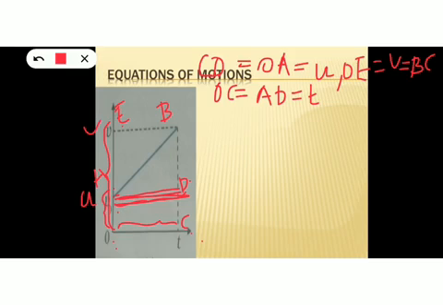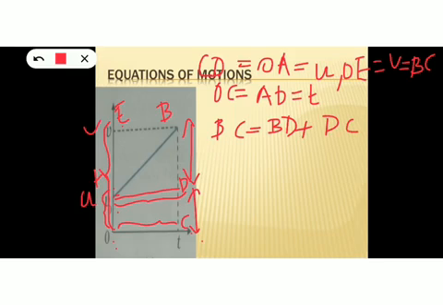Then we can move on to our derivation. Here first we start with BC. What is BC from the graph? BC is BD plus DC, right? So we can write BC is equal to BD plus DC or CD.